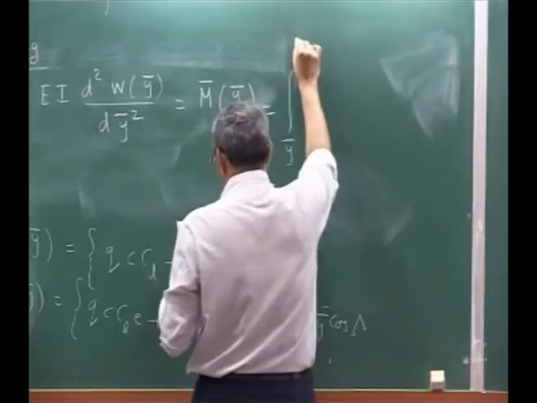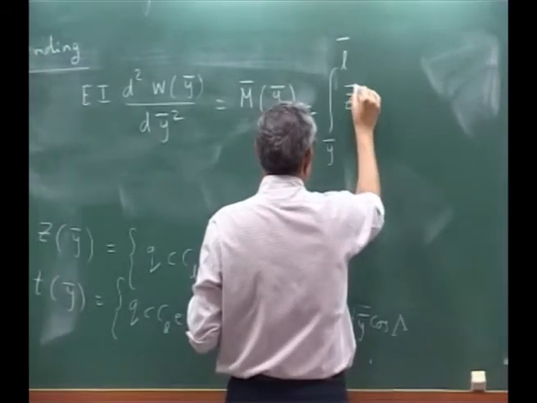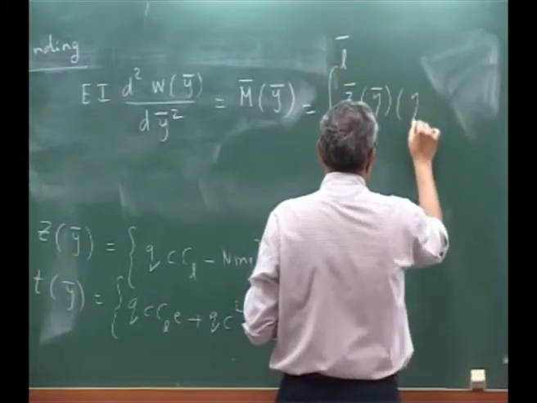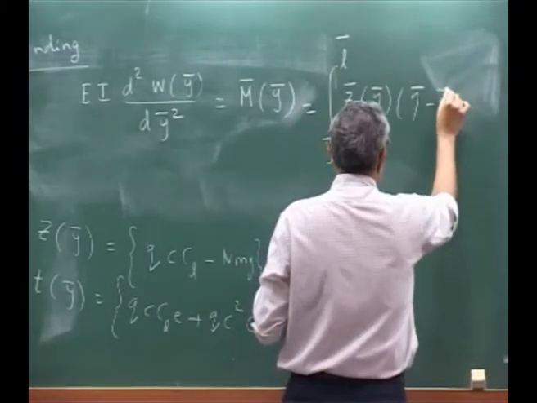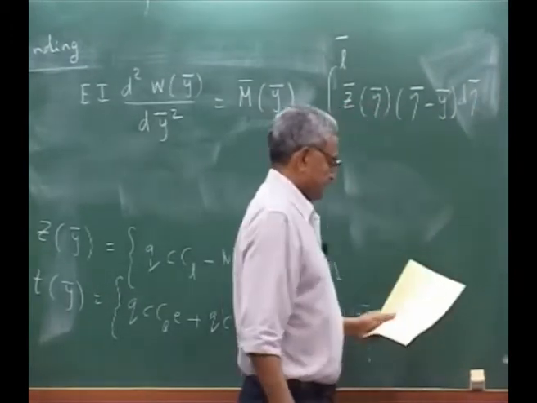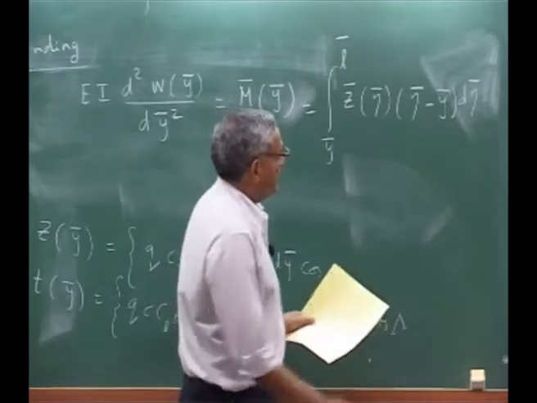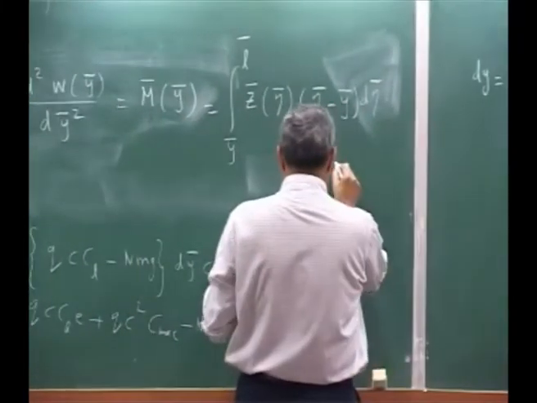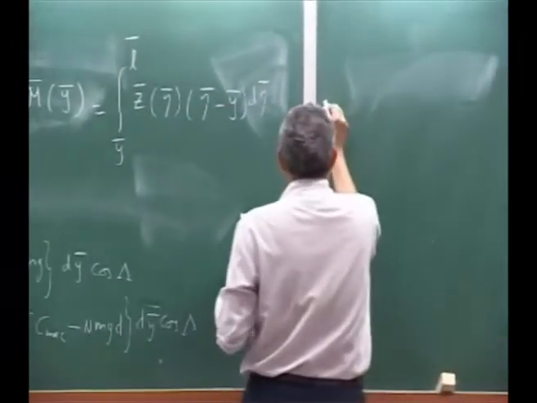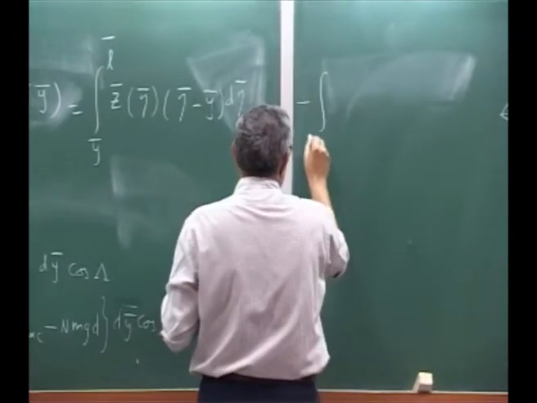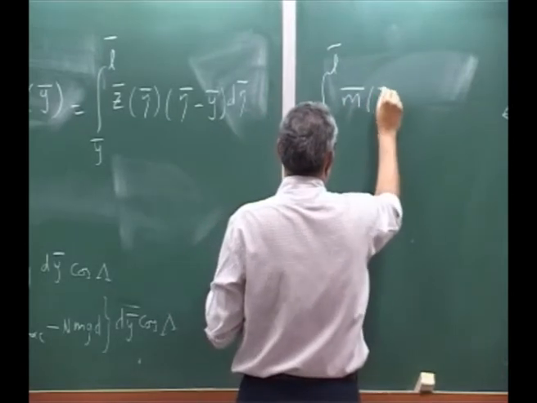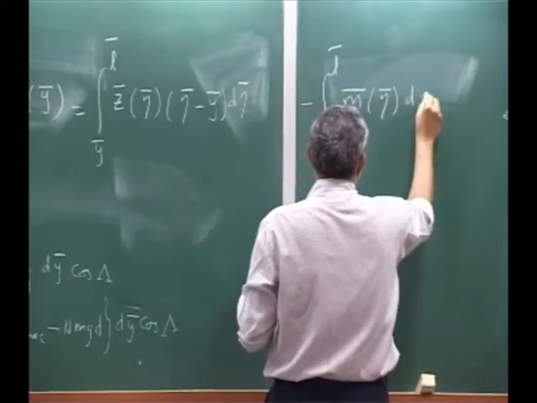So I can write this as integral from Y bar to L bar of Z bar, I am using now a symbol zeta bar, eta bar minus Y bar d eta bar. Minus, maybe I put it here, minus integral Y bar to L bar M bar eta bar d eta bar.